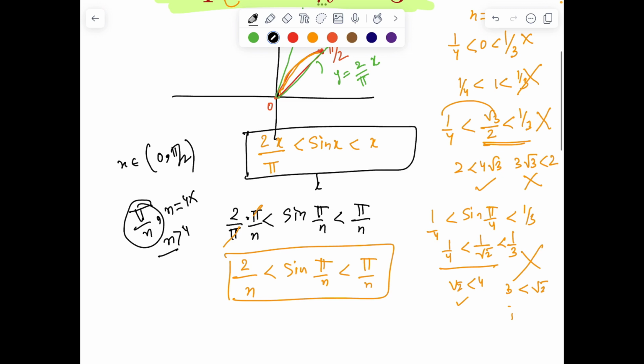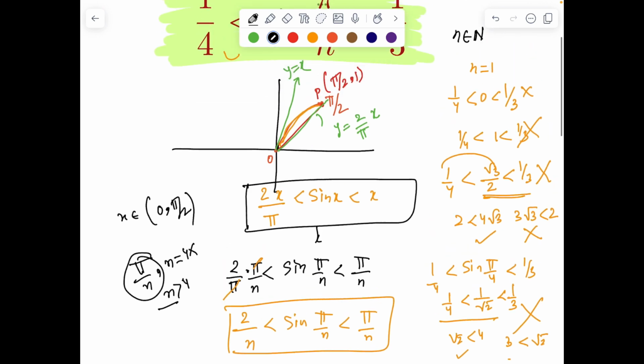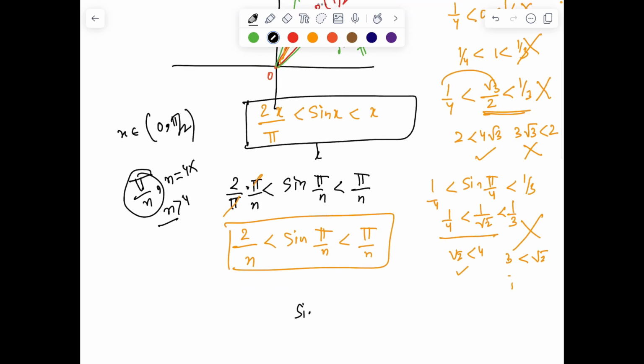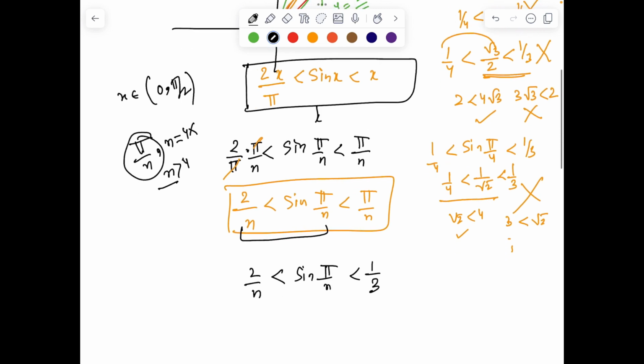Okay, so what we can conclude from here, since sine pi over n should be less than 1 by 3rd and sine pi over n is more than 2 by n, so from here we'll get n to be more than 6, right? This is one window I am getting.